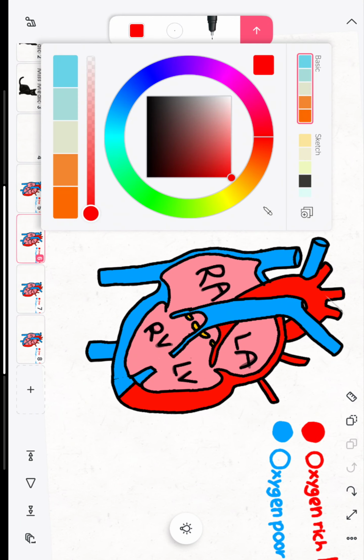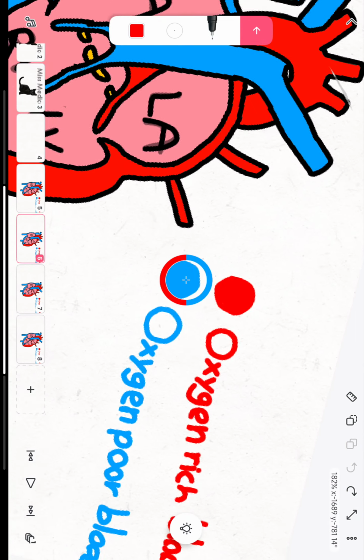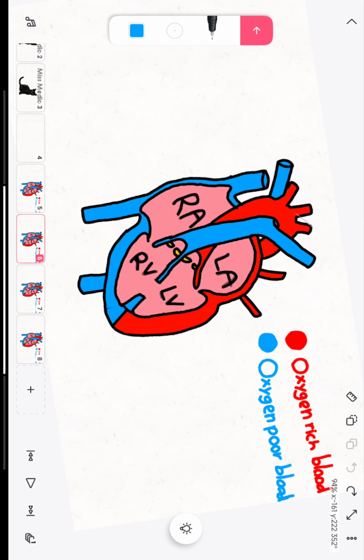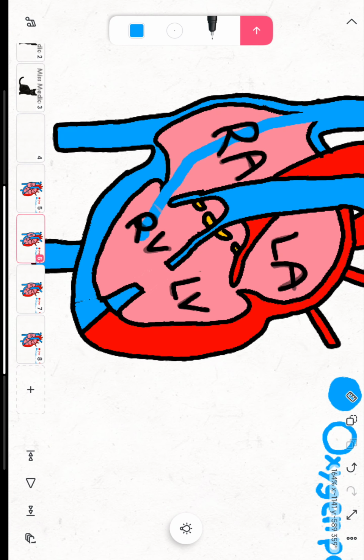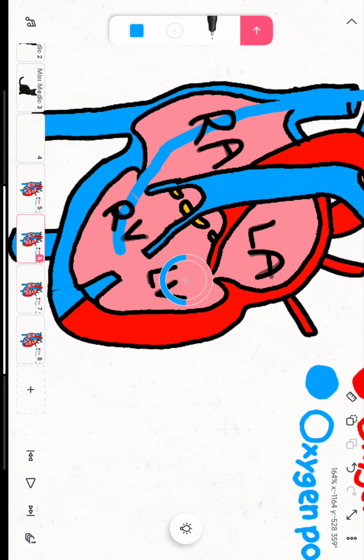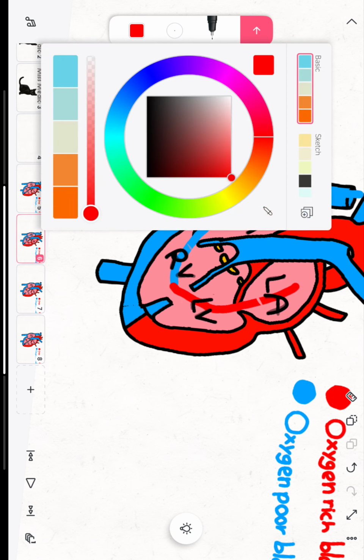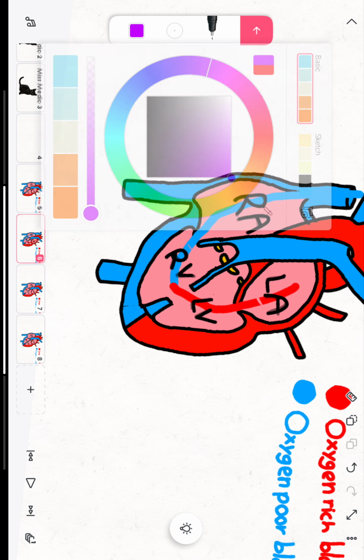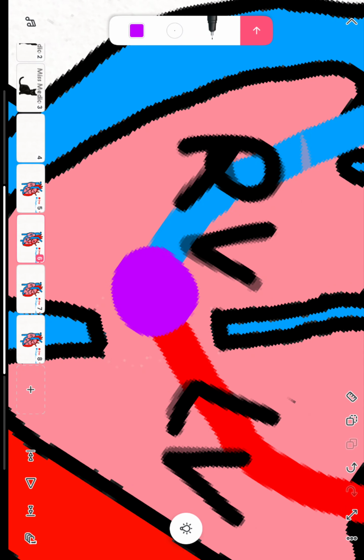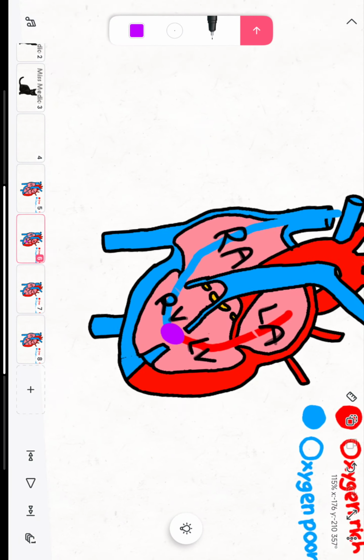So, whenever the oxygen-poor blood goes through the right atrium and the right ventricle, and whenever the oxygen-rich blood goes through the left atrium and the left ventricle, they mix. And it's very no good.